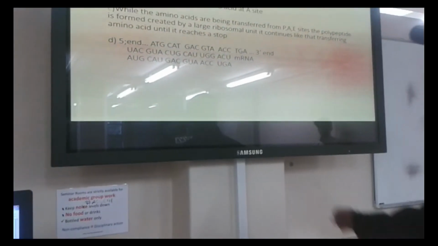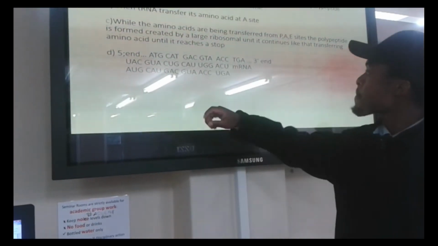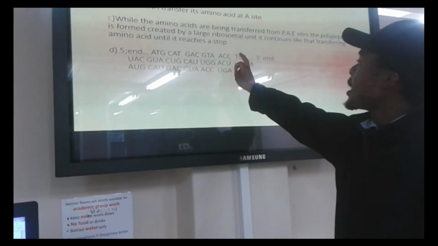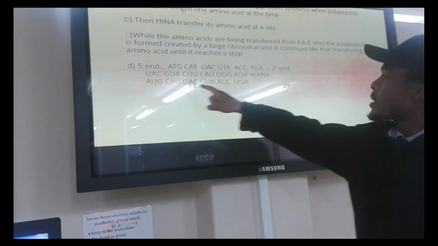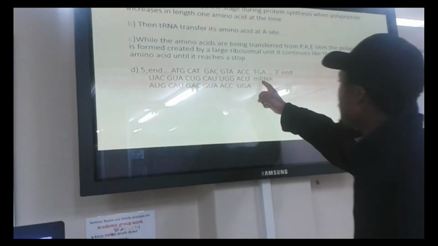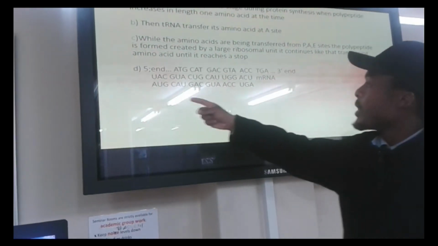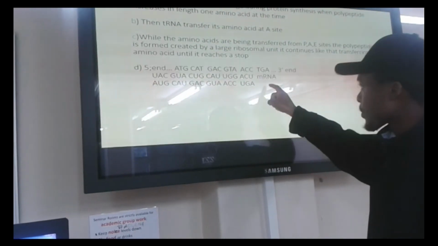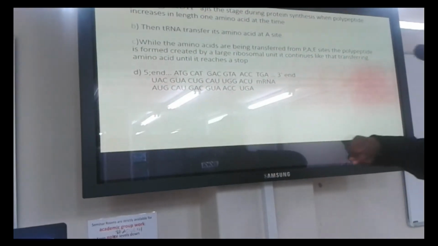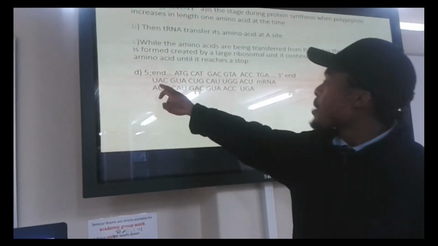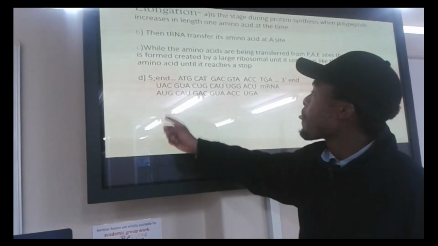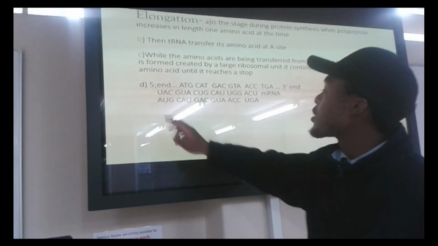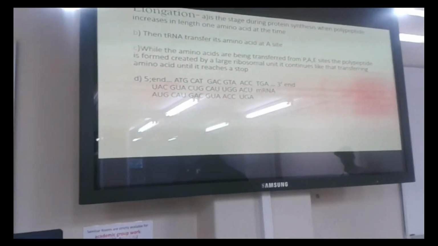So this is the DNA, which goes from 5' to 3', and then this is the messenger RNA, and then this is the transfer RNA. You see this binds, and this one transmits amino acids here. So for example, this one is called methionine.